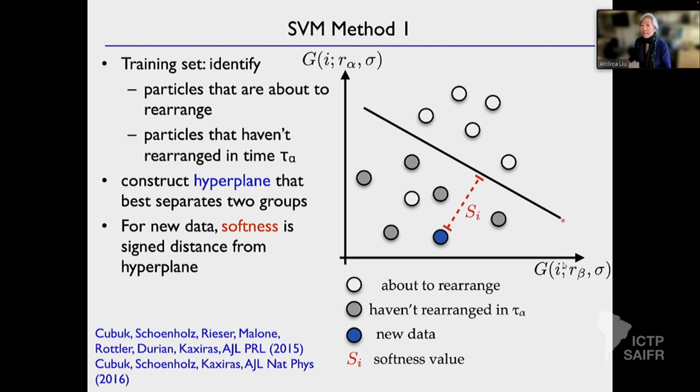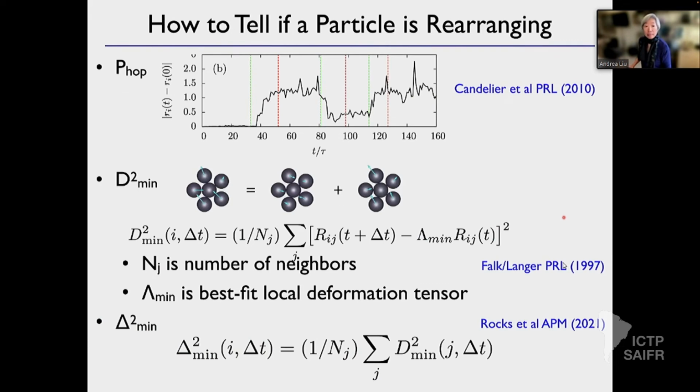I have a separate question. If you go to where you define your D squared, the affine deformation, in some sense that minimizes things in a homogeneous material, but in a glass you could also define the forces or the stress, and try to minimize the stresses just by looking at the relative positions of the particles and the forces they would exert on each other, based on either the potentials or Brownian motion.